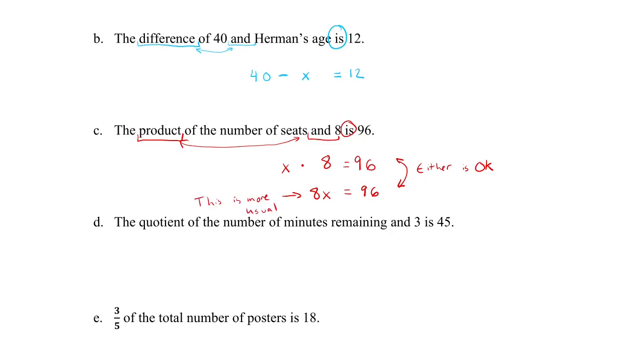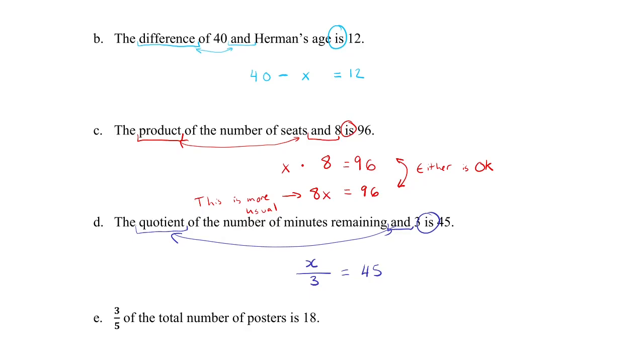Okay, and then we have the quotient. Quotient means divide. So the quotient of the number of minutes remaining and 3 is 45. So the number of minutes remaining, that's an unknown, divided by 3 equals 45. And remember, in algebra, we basically never write the division sign.